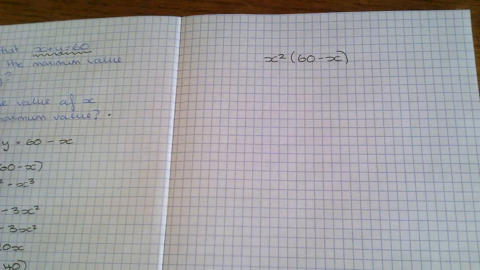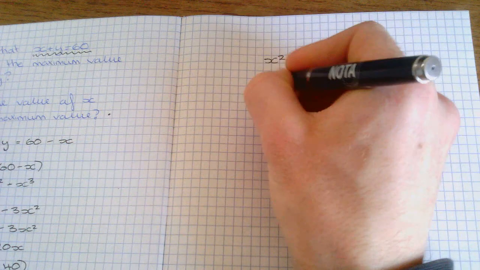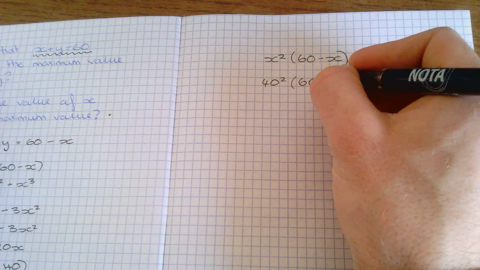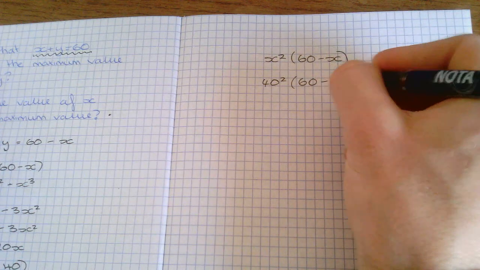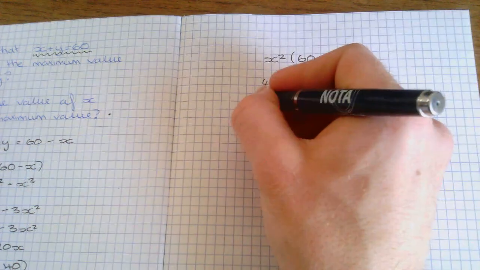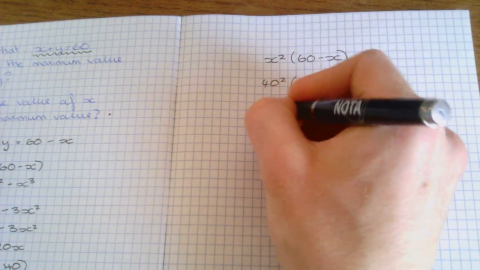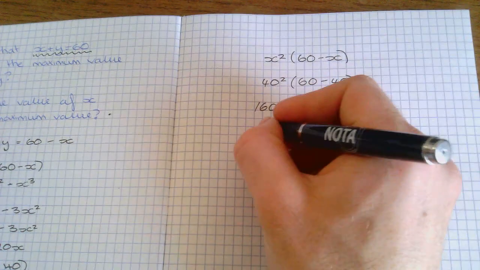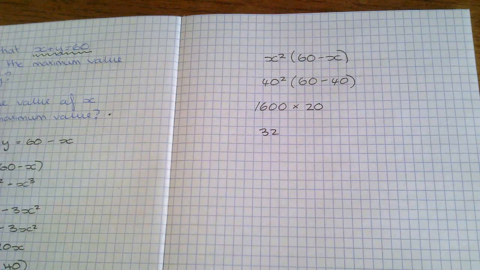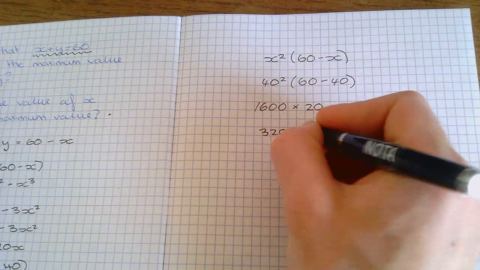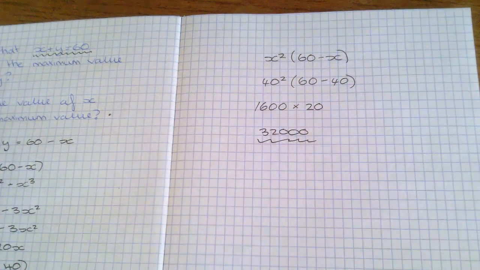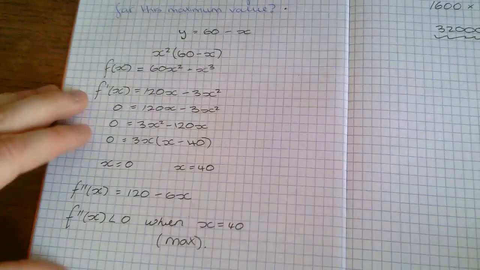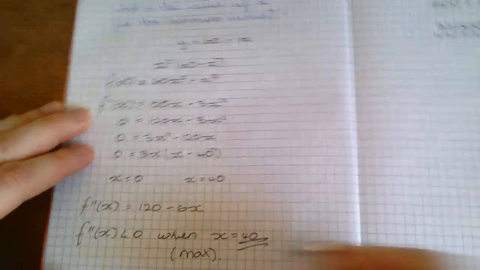So if I whack my 40 in there, I've got 40 squared multiplied by 60 minus 40, or 1600 multiplied by 20, which is going to be 32 with a few zeros, isn't it? So that's our maximum value. And the maximum value occurs when x is worth 40.